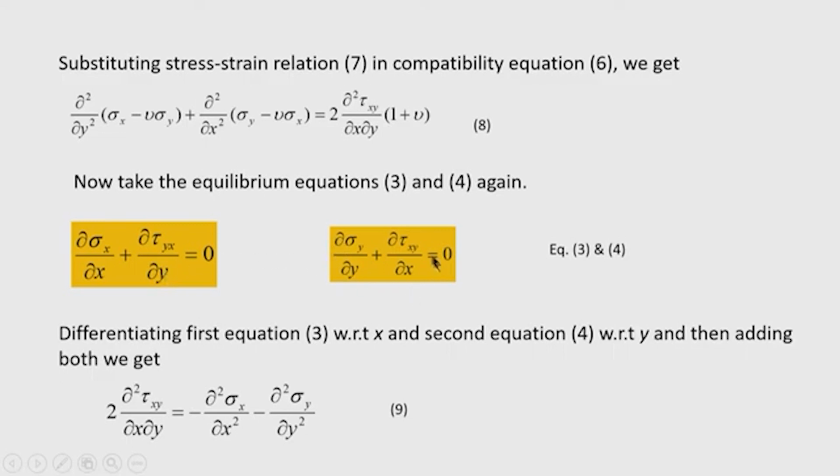If you differentiate the second expression with respect to y, then you will get del square sigma y by del y square plus del square tau x y by del x into del y equal to 0.